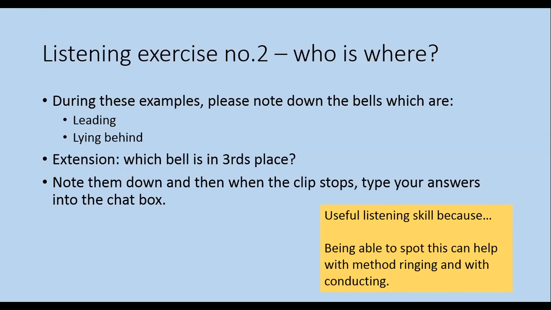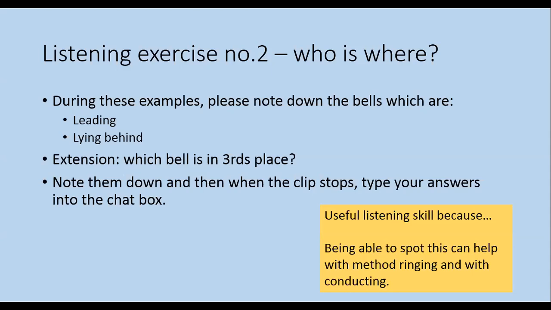So we've got the treble leading in this example. Yeah, treble is leading, good. It's not quite the 2 that's on the back, it's the 3 that's on the back. So the actual change there is 1, 4, 5, 6, 2, 3.